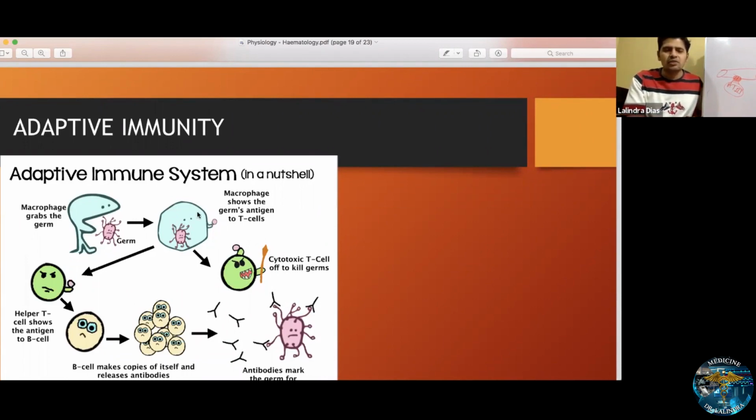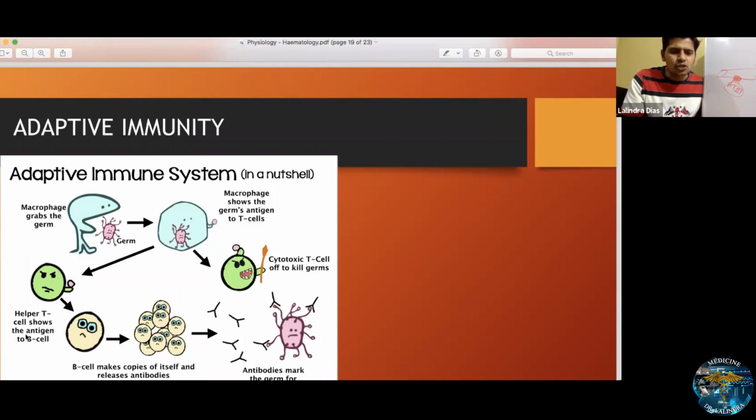Then also, guys, these macrophages also stimulate the helper T cells, the CD4 T lymphocytes. Once the bacteria is inside your macrophage, that will stimulate the helper T cells. So what does it do?